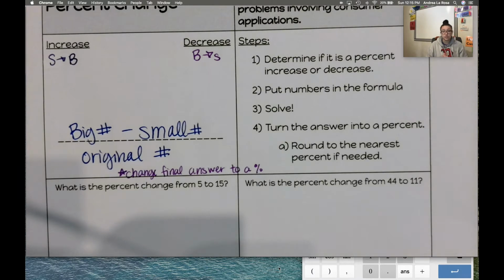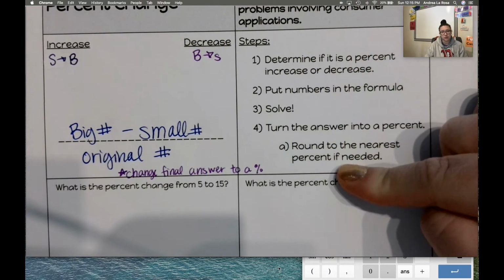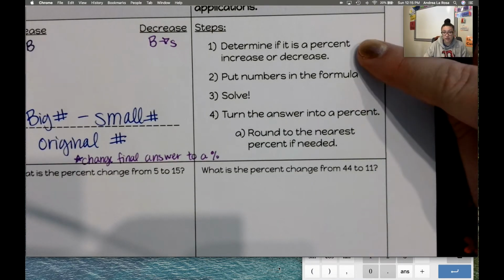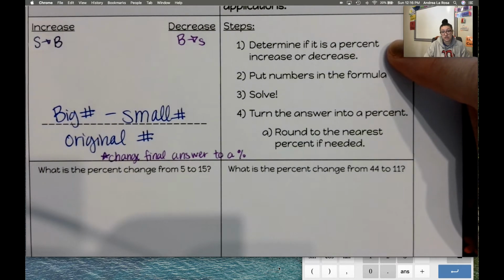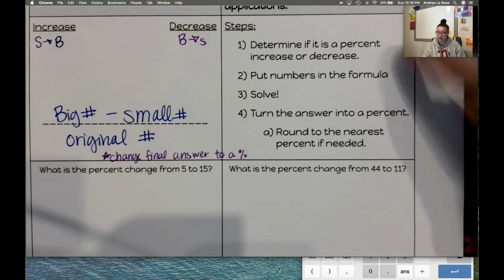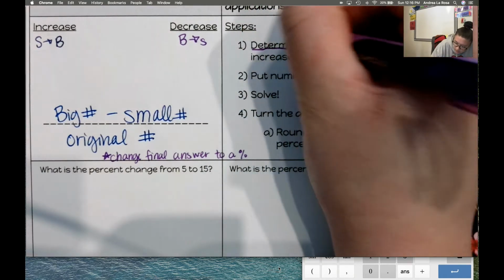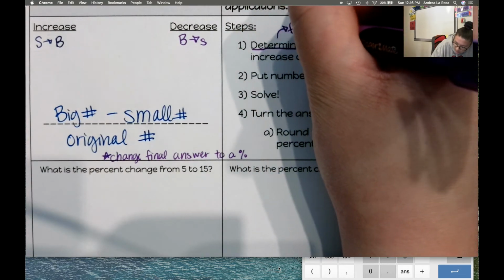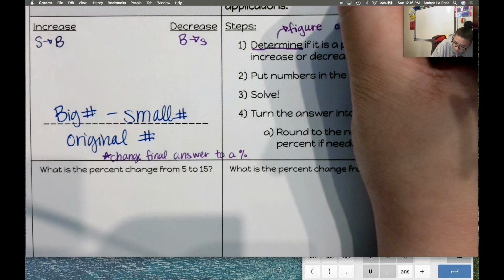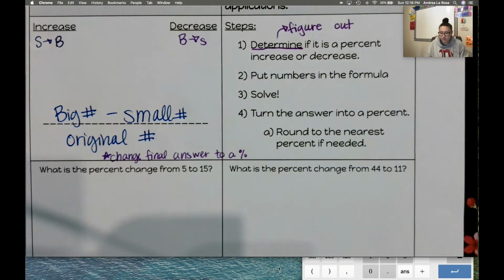So when we're going through these problems, I listed out the steps for you. The first thing that we're going to have to do is determine. We have to figure it out. Remember, that was one of our words from a few weeks ago. Determine if it's a percent increase or a percent decrease. Is my number getting small to big, or big to small?